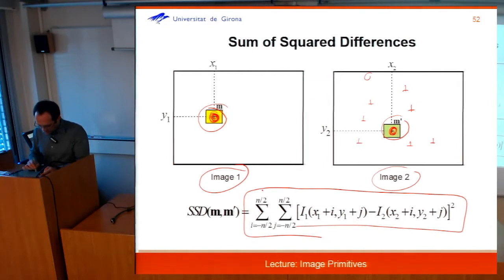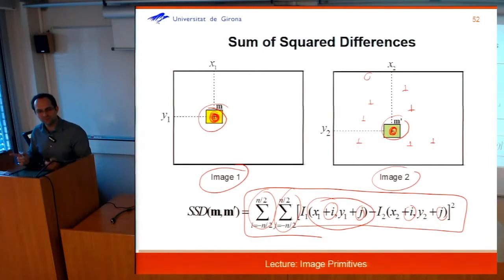It is a double sum over x and y, and I have here the patch, the pixels. i and j are my indices to move around this window. I just take the gray values, subtract them, and apply the square.